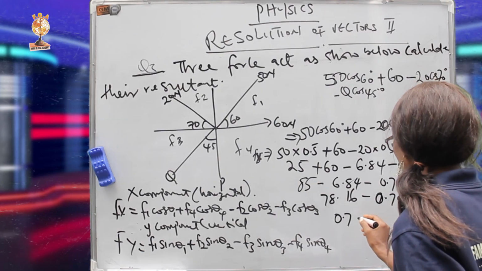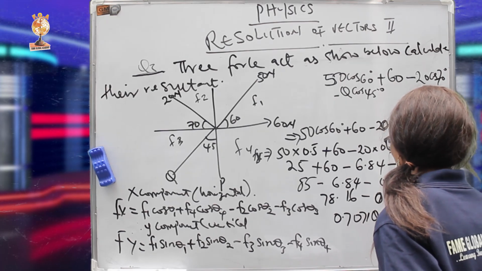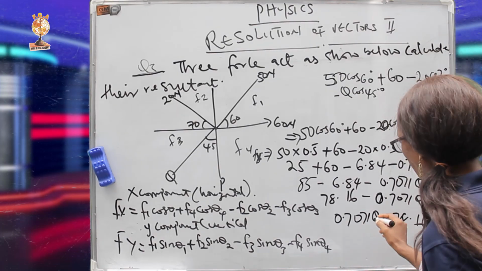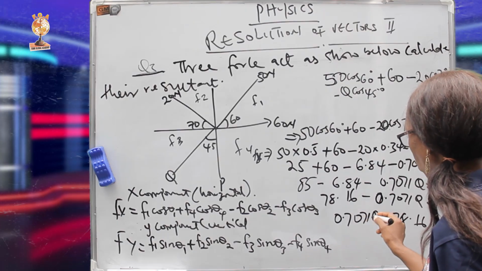So I have 0.7071 q is equal to 78.16. To get my q, what do I do? I will divide both sides by 0.7071.